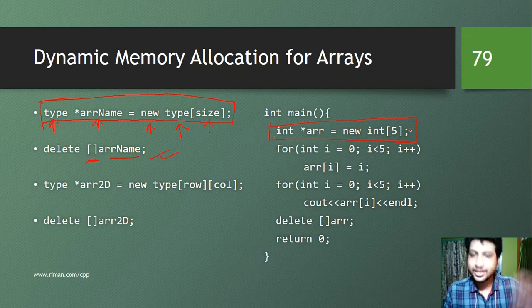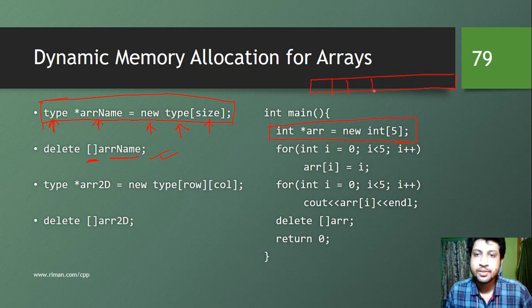Whenever we execute this kind of statement, memory is created for these 5 elements, suppose each having 4 bytes, for 5 integers, and arr is now pointing to that location.